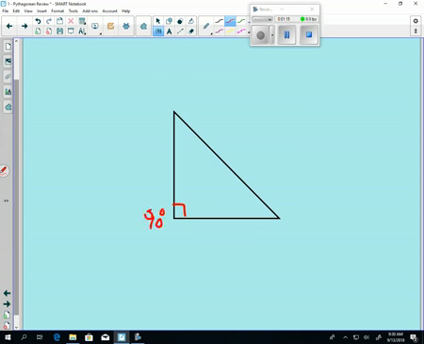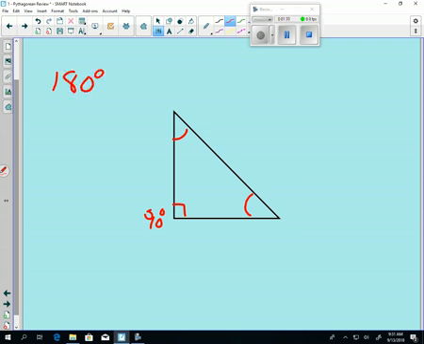The other ones could be any other, but since this is 90, you remember what all three angles add up to. If we take all three angles here and add them, they will all add up to 180 degrees.